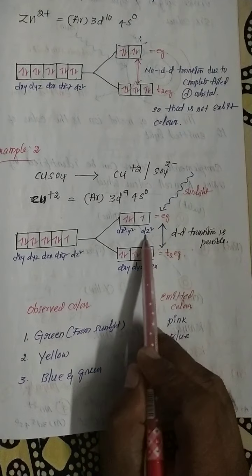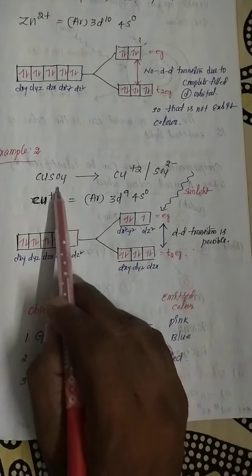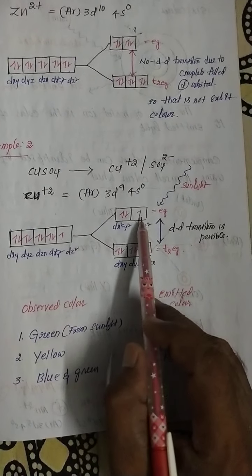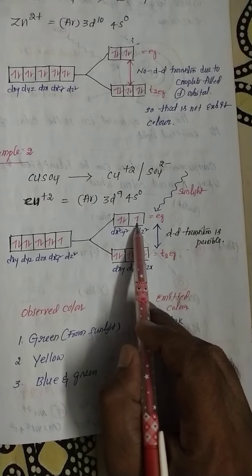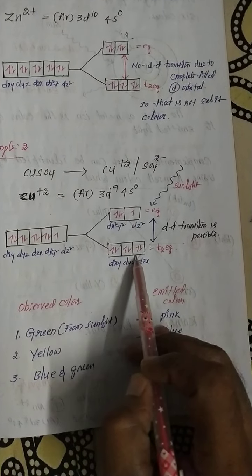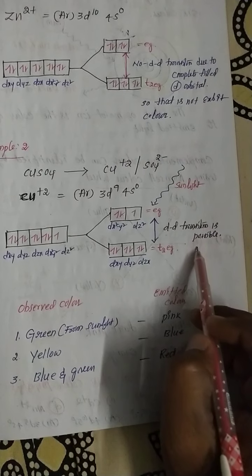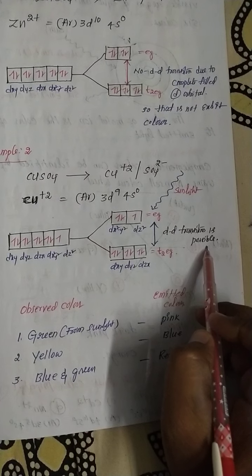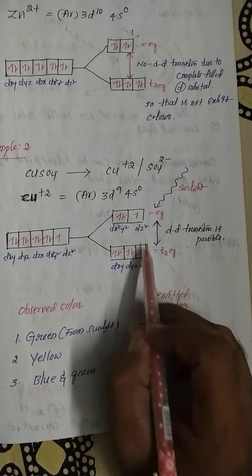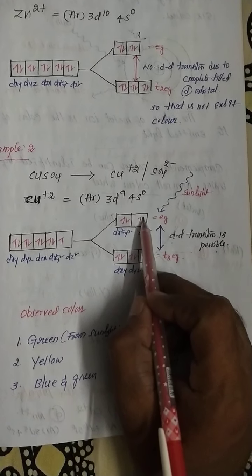If copper sulfate absorbs or receives the sunlight energy, immediately these electrons transition down and back. Transition is possible, meaning d-d transition is possible. The important point here, my dear students, is that one electron comes from the higher energy level to the lower energy level, and one more electron from a pair jumps to the higher energy level.